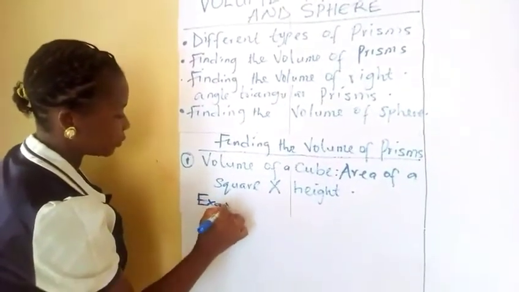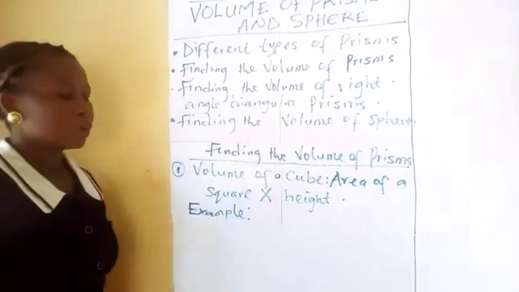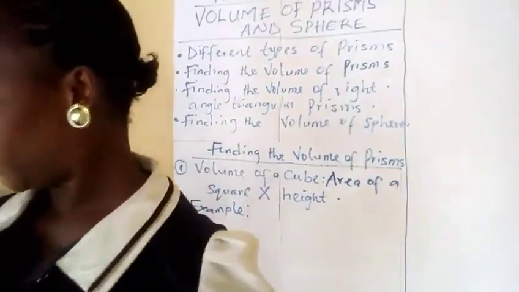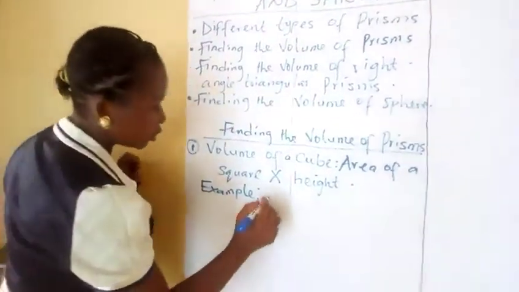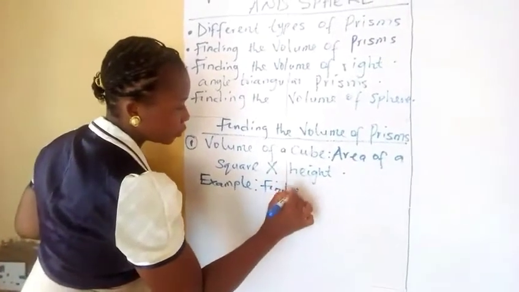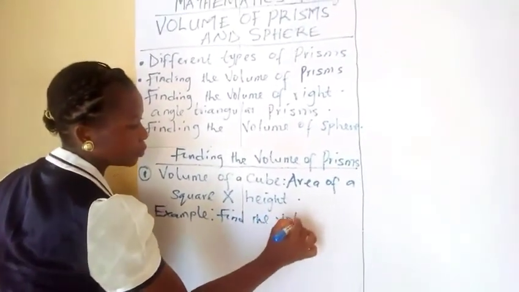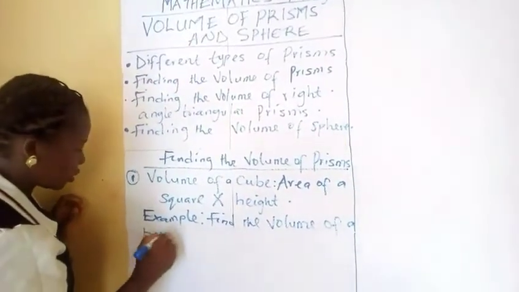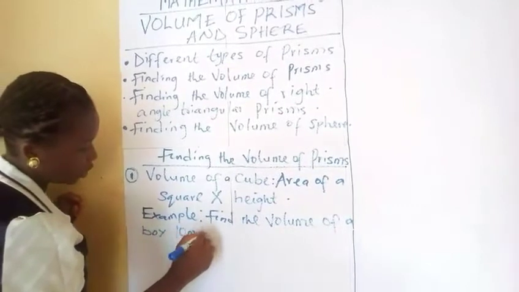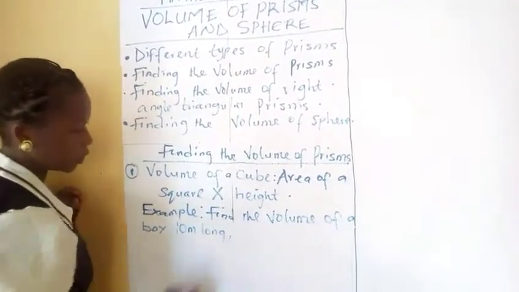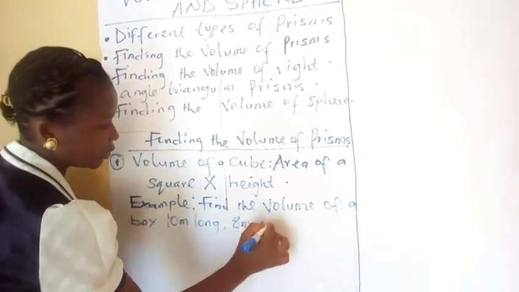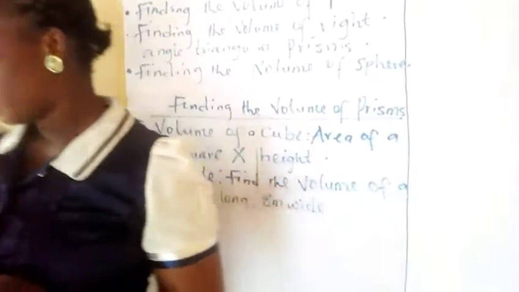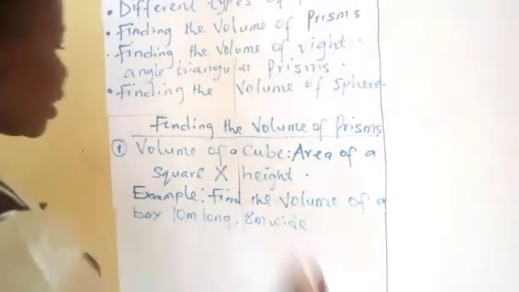Example. Question: find the volume of a box 10 meter long, 8 meter wide, and 5 meter high.